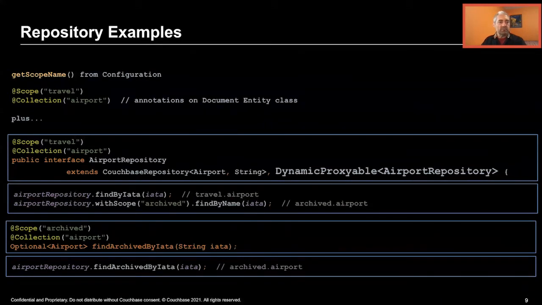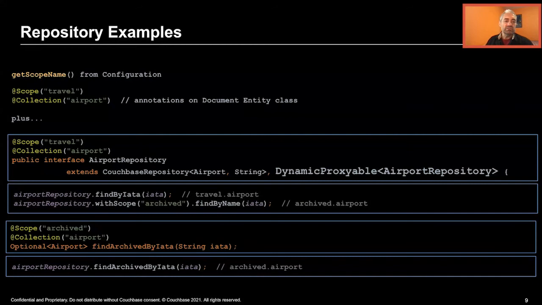The first couple of things are the same mechanism as for templates: the getScopeName, the configuration, and the scope and collection on the entity class. The extra things are on the proxy. I mentioned the repository proxy.